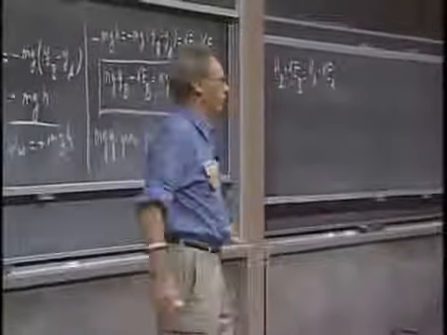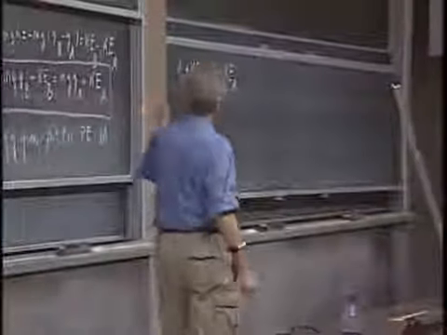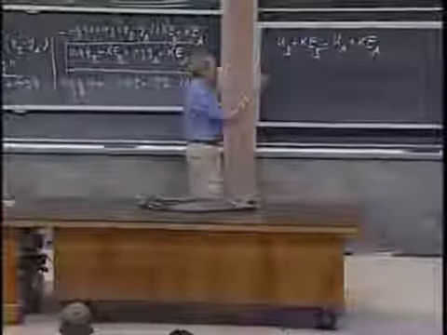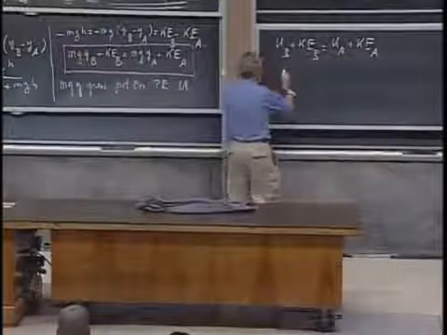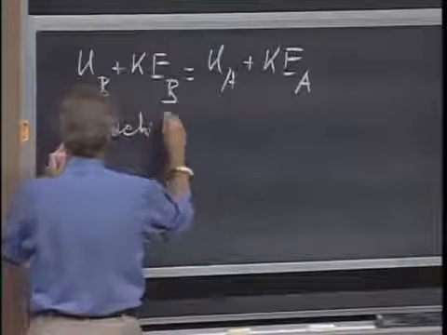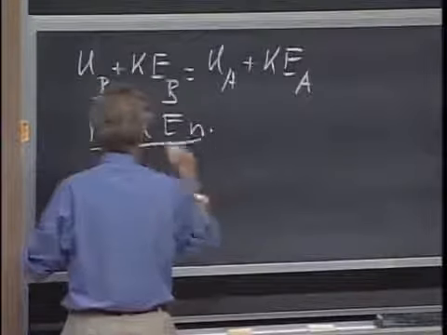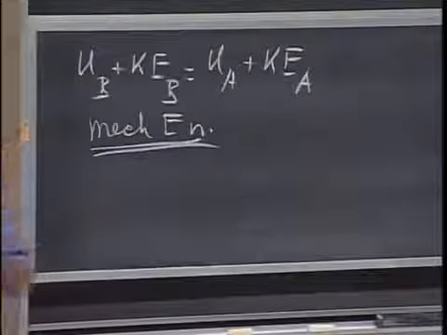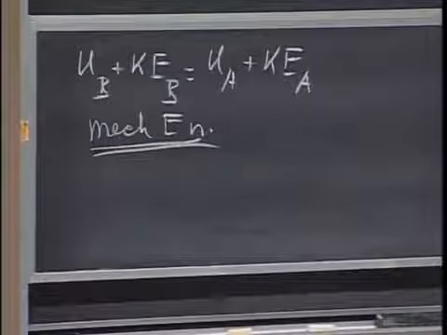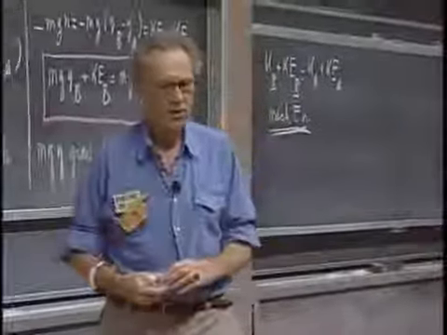Kinetic energy can be converted back to potential energy, and potential energy can be converted back. But the sum of them, which we call mechanical energy, is conserved. And mechanical energy is only conserved if the force is a conservative force. It's extremely useful.